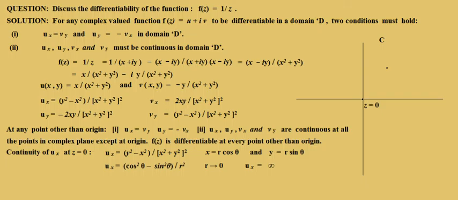So ux is discontinuous at origin. So the second condition is not satisfied at origin. So we can say that this function f(z) is not differentiable at origin. So the result is the given function is differentiable everywhere except at origin.